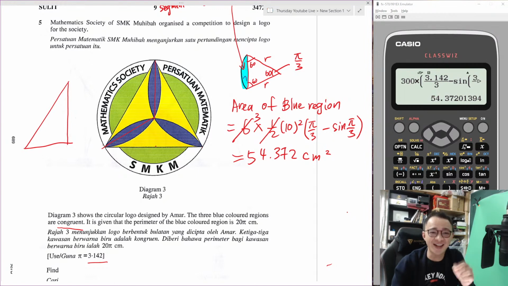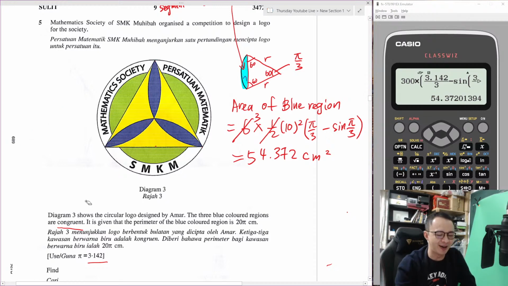But if you type sine pi over 3, your calculator must be in radian. You can see on the top here, my calculator has the R over there. So I don't think I want to use Pythagoras. It sounds complicated to me. I will just use the sine rule, cosine rule seems easier. Since this one is 120, or we call it 2 pi over 3, isn't it?